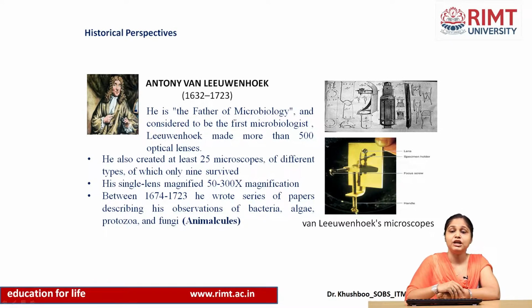Here in this picture, you can see the drawings of his microscopes. The second one is the simplest microscope made by himself, having a simple convex lens and a handle to focus the microscope. There is a focus knob over here.